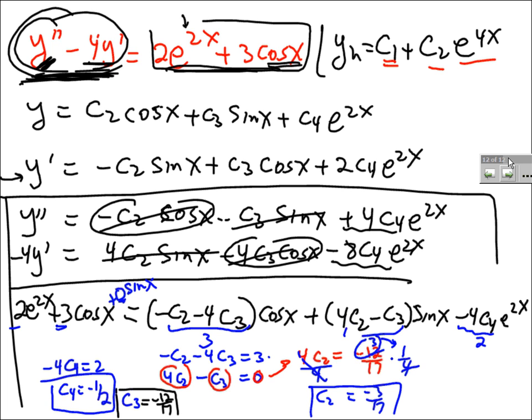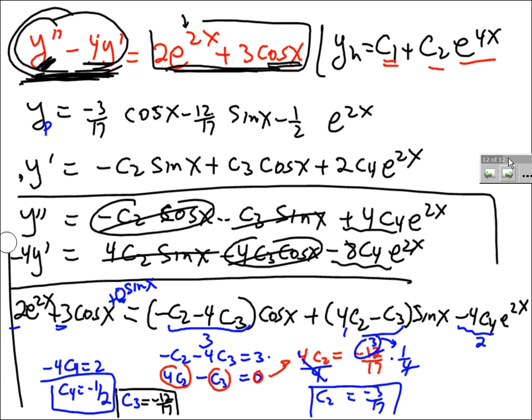So at this point, we can write down the particular solution. c2 is negative 3 over 17, c3 is negative 12 over 17, and c4 is negative a half.